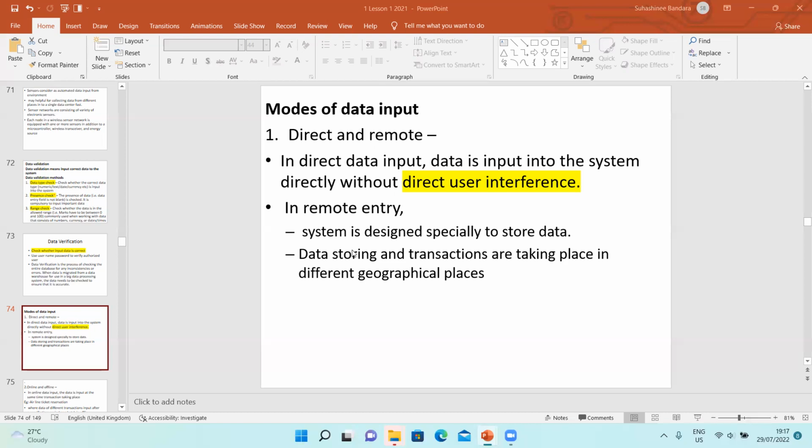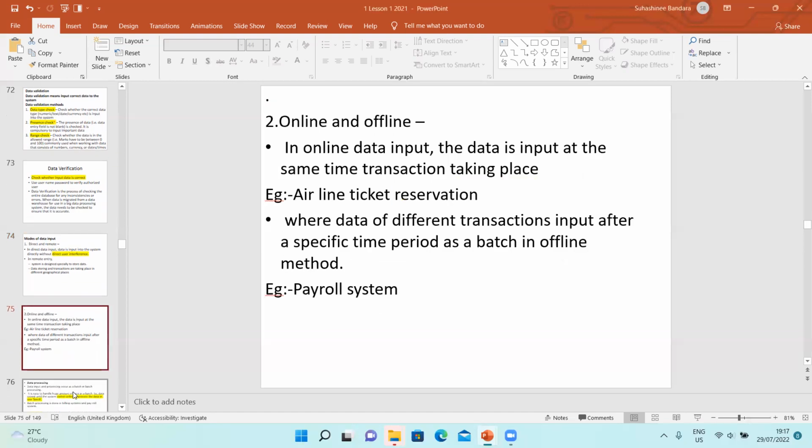For example, in weather forecasting, data from different locations is inserted and all of it is sent to the central weather forecasting place, gathering data from different geographical areas. I'll explain the next one also together.